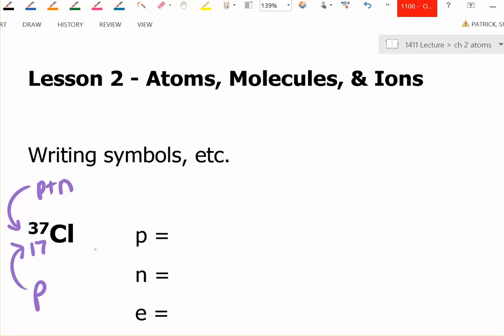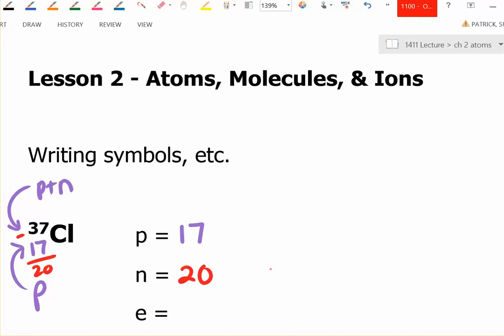So we got the 17 off the periodic table, the atomic number. So if we use this symbol, the number of protons must be 17. The number of neutrons, we use protons plus neutrons minus protons, so essentially we're subtracting those two to see that we have 20 neutrons.